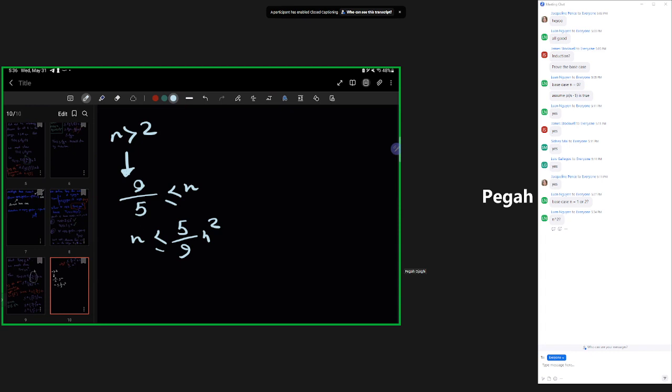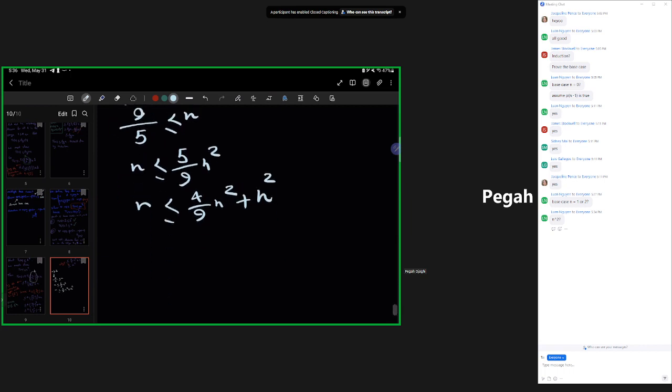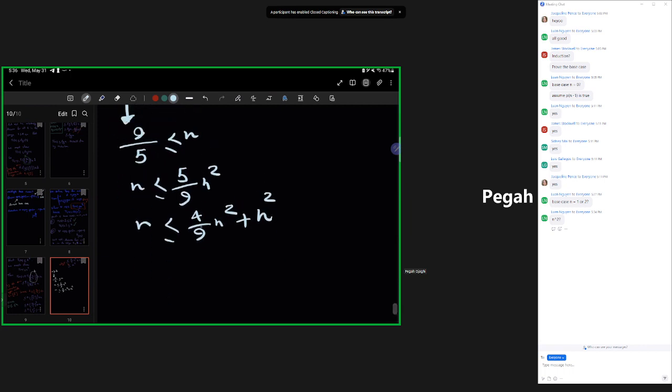So if I just multiply n by both sides, what I'm going to consider is 4 over 9 n squared plus n squared greater than n. No, I think this is going to be minus. This is going to hold, and it's n plus 4 over 9 n squared less than n squared.